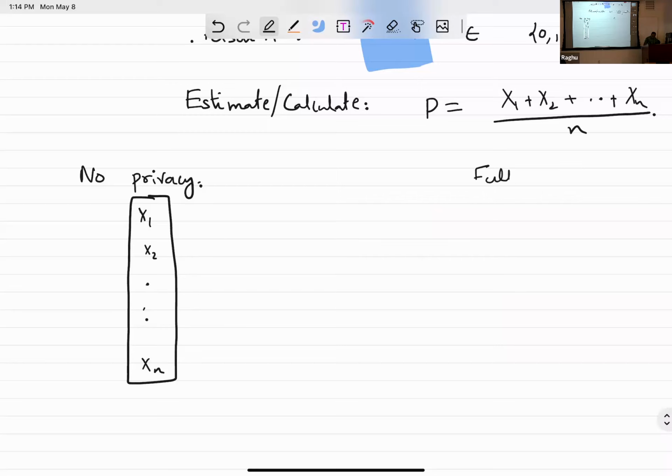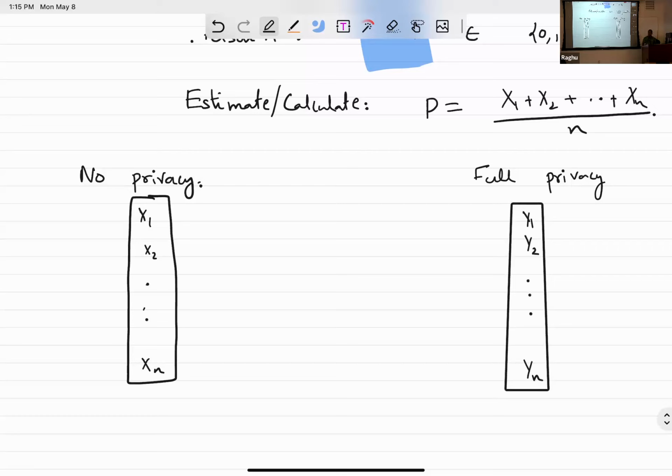And if I want full privacy, what can I do? Well, you have to release something. Let's say, for each person, we have to release something which looks like this. Something along what you're saying is I'm just going to put random values. It's as good as releasing nothing. I'm just putting junk values, nothing to do with what you started out with. So yi is completely random.